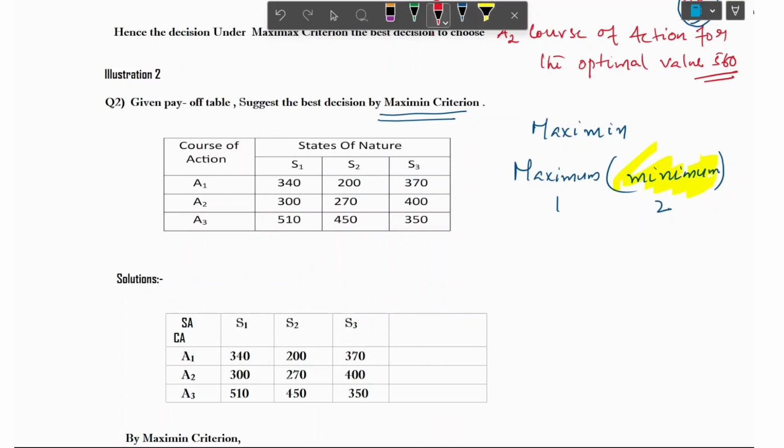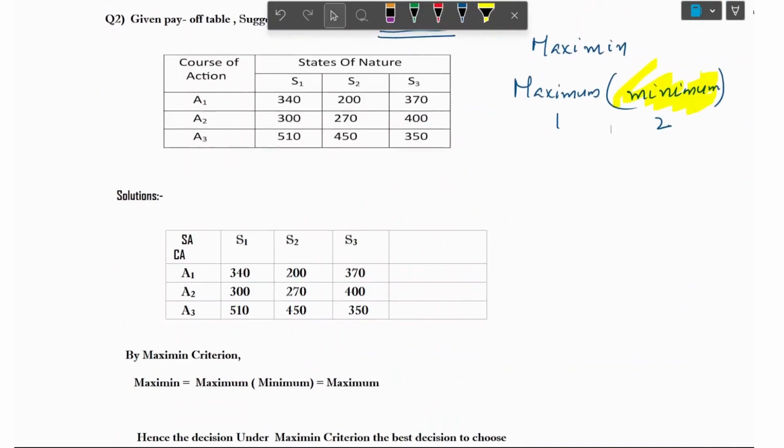Therefore, here the same thing. I have completed the table, that is A1, A2, A3 on this side and S1, S2, S3, and I have written the pairs of values. Therefore, the extra column that comes is minimum. So what you are going to do is the same as your first question. There we chose the maximum, here we choose the minimum.